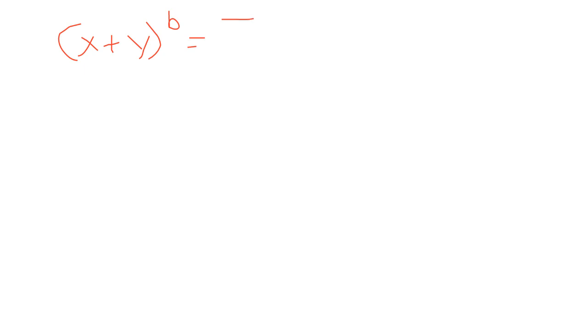It's useful. It's going to be important to prove other stuff as well. x plus y to the nth power is equal to the sum from k equals 0 up to n, of nCk, x to the n minus k, times y to the k.